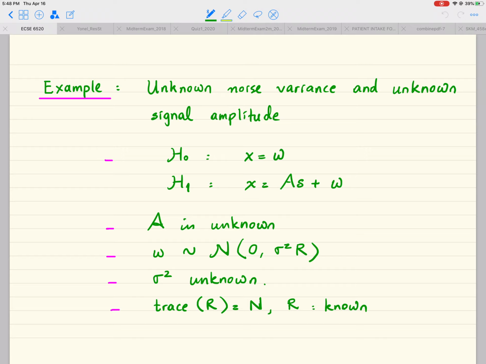We can formulate the problem as observation being equal to noise under the null hypothesis, or observation being equal to A times S plus noise, where A is the unknown amplitude, S is the known signal, and of course W is noise as before with zero mean and covariance sigma square R, sigma square unknown and R known.